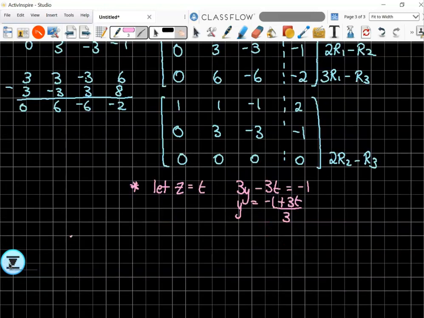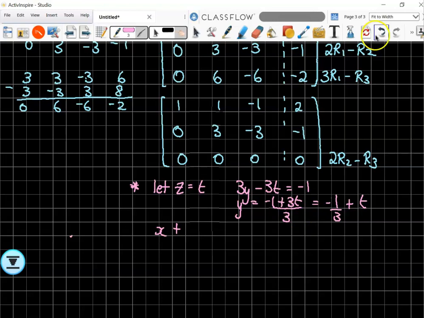So we'll now go X plus Y take Z. So that will be plus, I'm going to write this as minus a third plus T. Would you agree? I've divided each one by 3. Minus 1 over 3 is minus 1/3. 3T divided by 3 is 1T. Just makes my life easier.